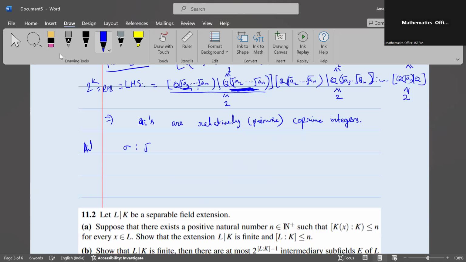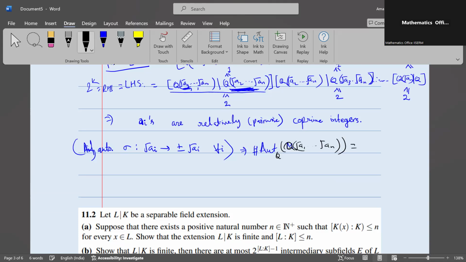It sends root AI to only 2 choices, plus or minus root AI, for every I. This implies that the order of this automorphism group is 2 power N. I should not write M, but directly Q(root A1, ..., root AN).